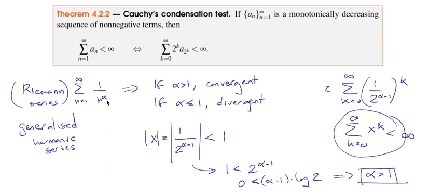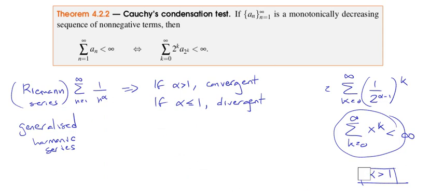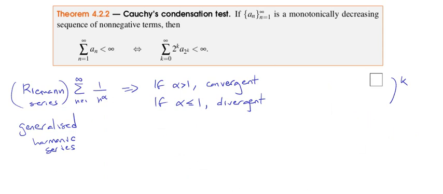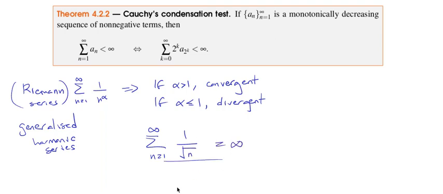So that's very interesting. So you have the sum of 1 over, for instance, n squared or n cubed or something like that. Everything like that will be convergent. But if you have, for instance, the sum from n equals 1 to infinity of 1 over the square root of n, this is not convergent. This is divergent. So remember that.